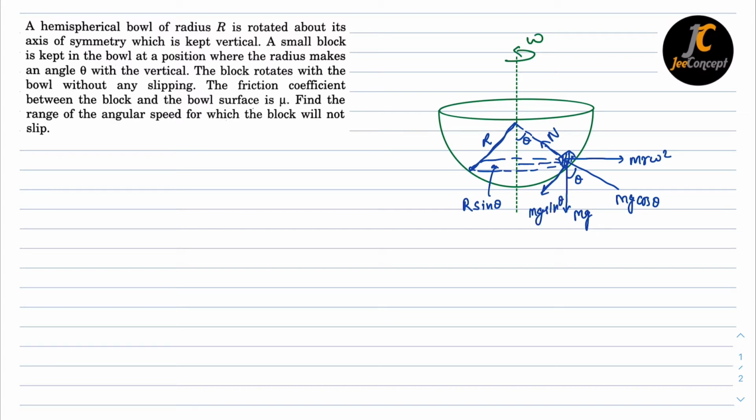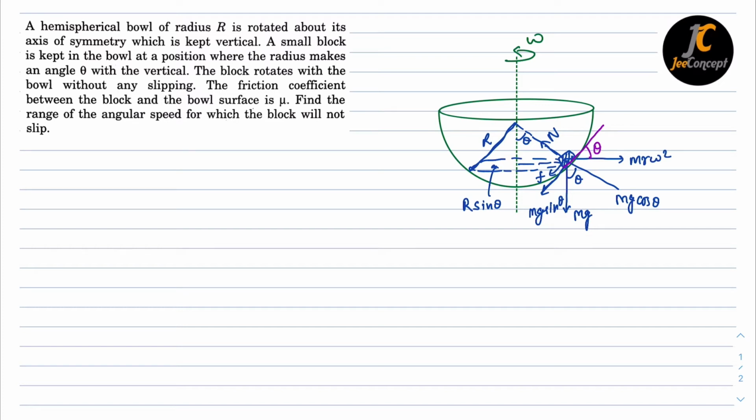Let's say in the first scenario the omega is maximum, so we have to find that maximum value of omega so that the object will not slide upward. In that particular case, if it tries to move upward, then the frictional force will act in the downward direction. If I extend this line, this angle will also be theta.